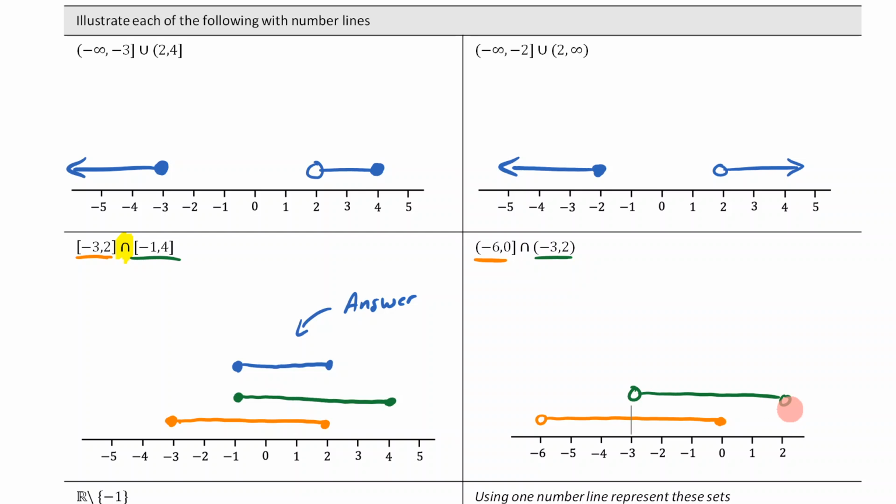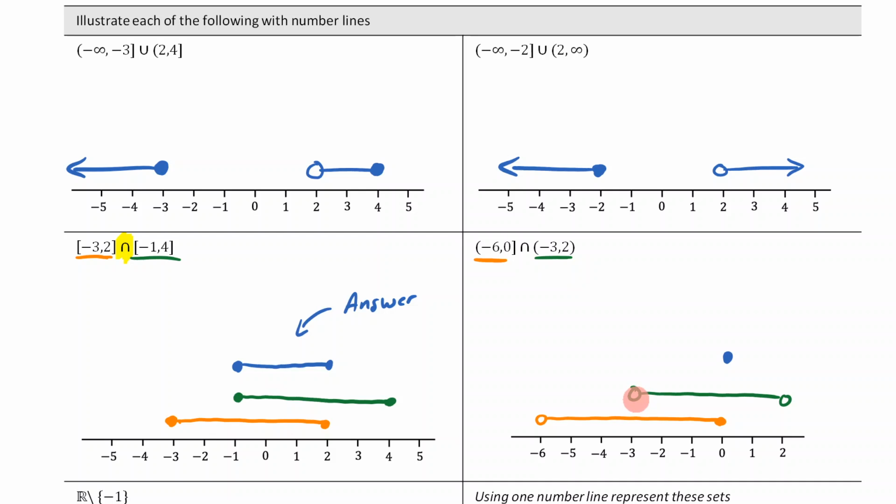All right, now we have to figure out where these things intersect, right? It's an intersection problem. Well, this here, 0, do you see how they both have 0 here? I've got a closed circle and then just like a normal line over here. But what's happening at -3? Am I going to put an open circle or a closed circle here? That is the important question we have to ask ourselves. Now, do you see how they're actually not both overlapping here?